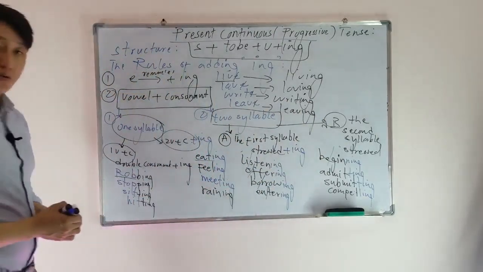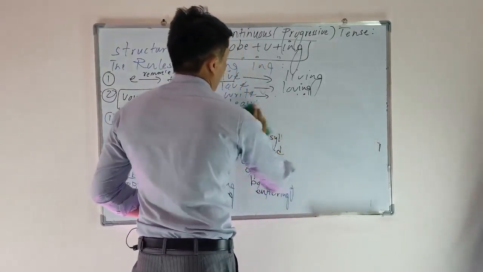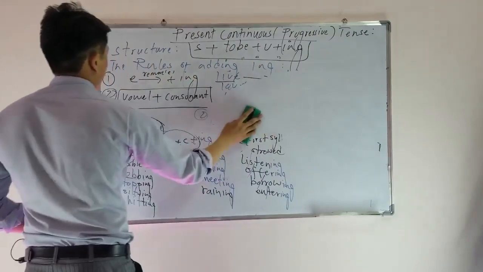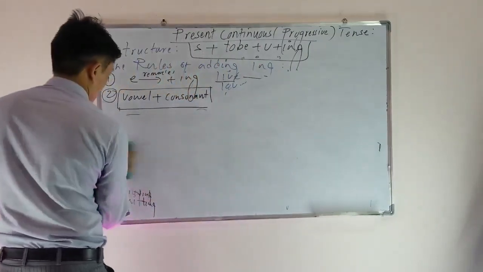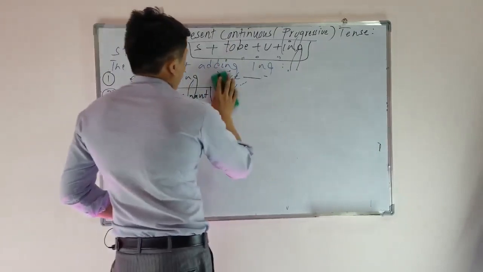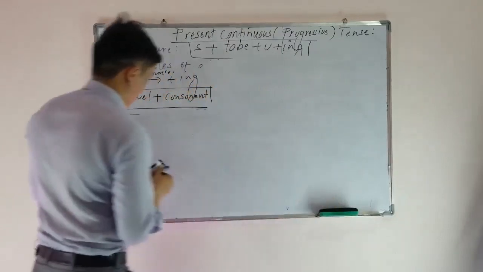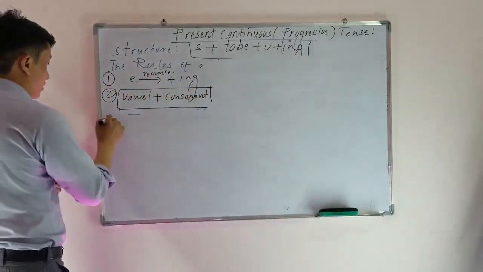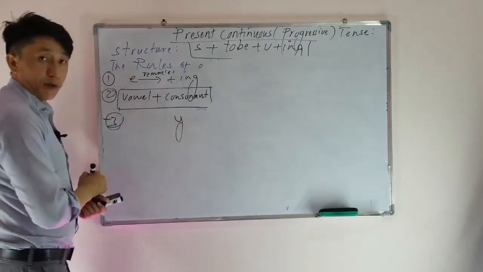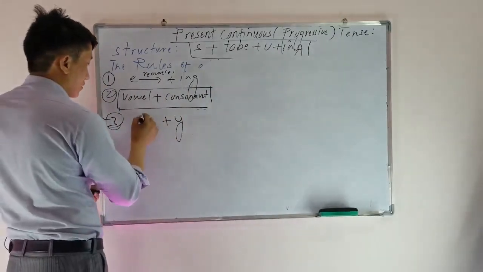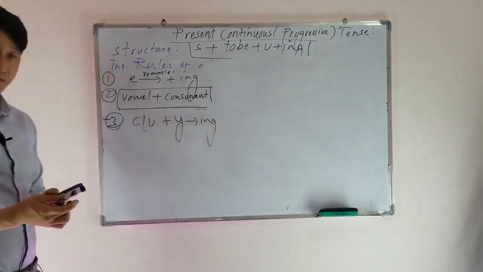So let's go to rule number 3. For rule number 3, if a verb finishes with y, before y, whether it's consonant or vowel, we just add ing without bringing any changes.